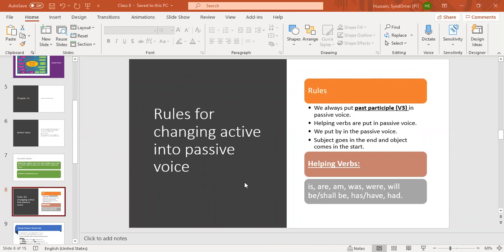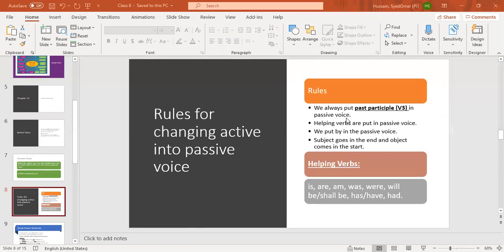Now students, the first main rule is that we always put the past participle in passive voice. Whatever tense you are using, simple present, simple past, simple future, present continuous, past continuous, present perfect, past perfect, future perfect, we always put the past participle, that is the third form of verb, in passive voice.